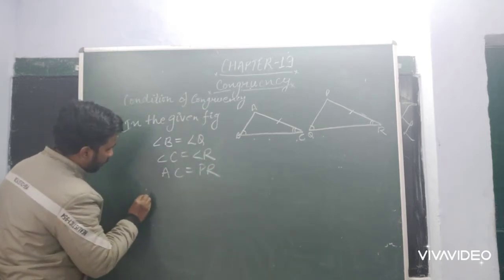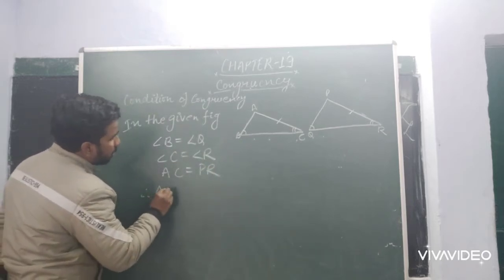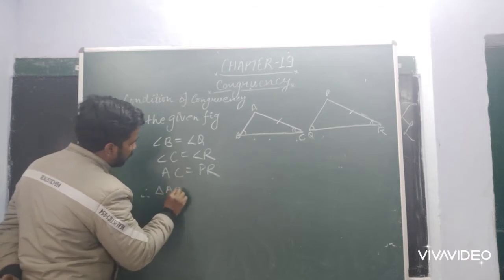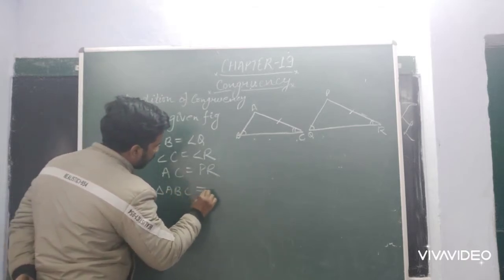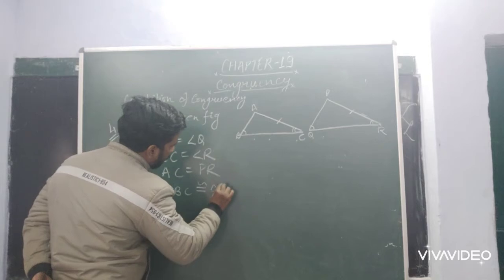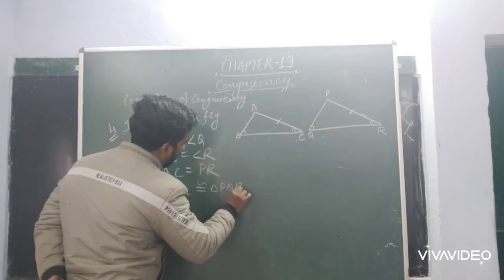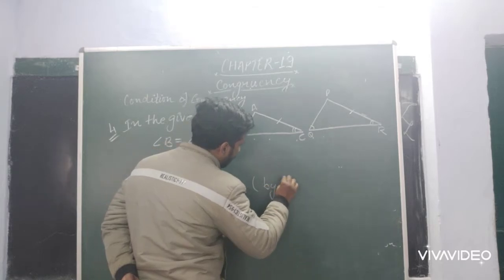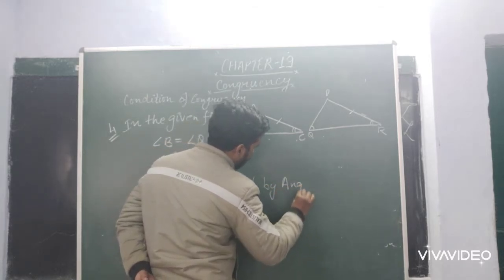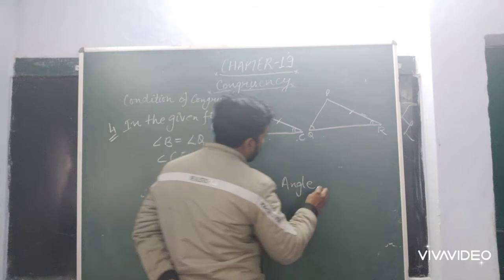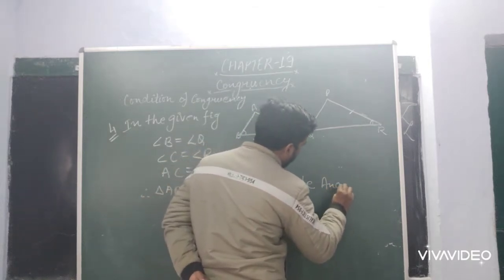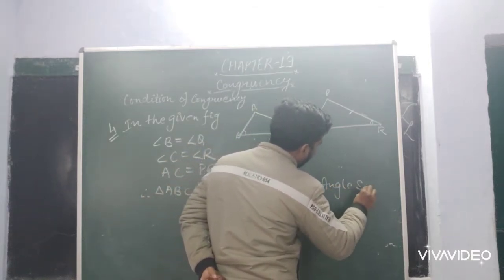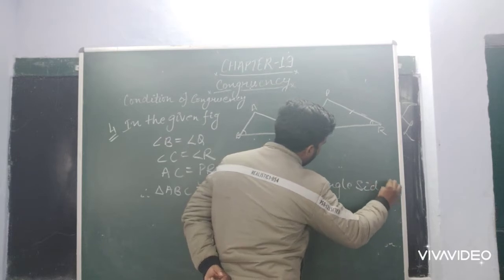Therefore, triangle ABC is congruent to triangle PQR by angle angle side.